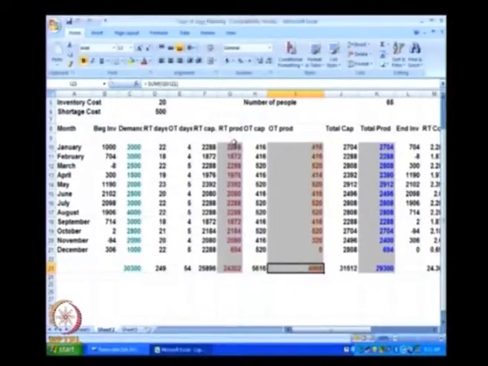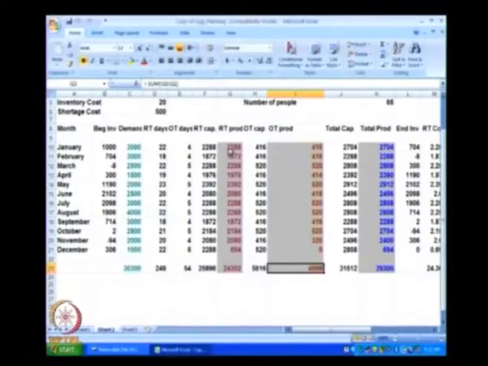If we give 2288 here and 416 here, the total automatically becomes 2704. The planned regular time production quantities should be less than or equal to the capacity that is available here, and similarly the planned overtime production quantities should be less than or equal to the capacity available here.